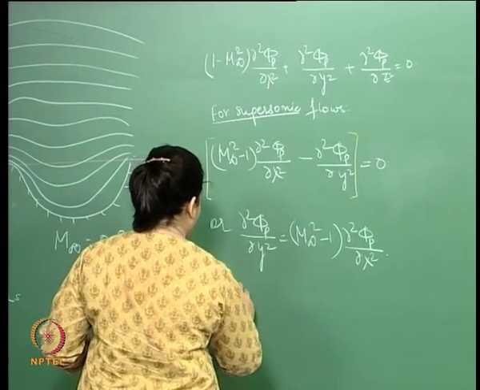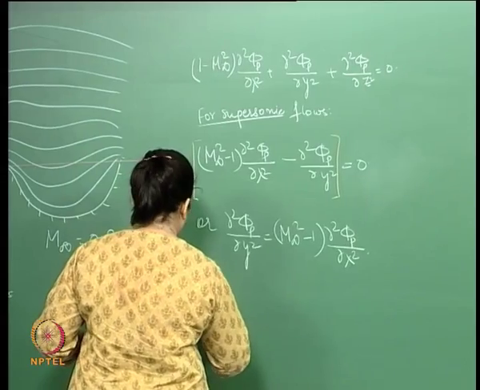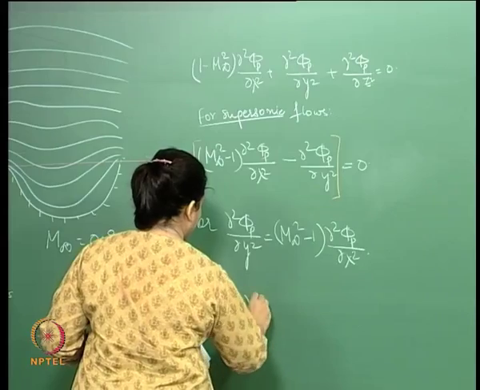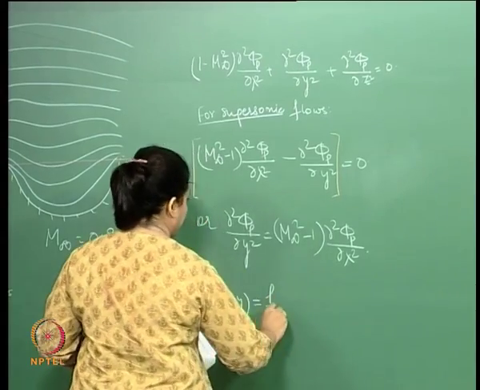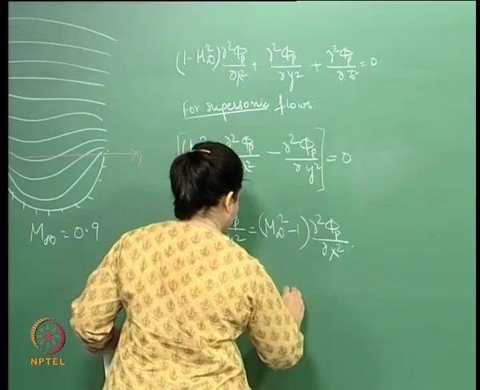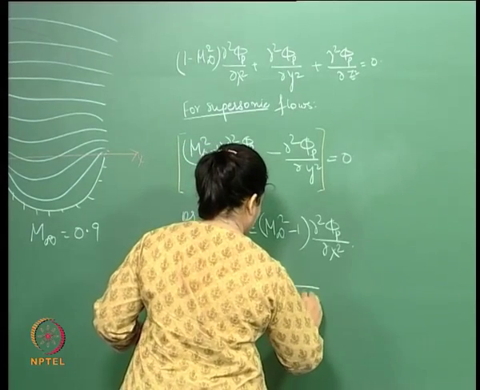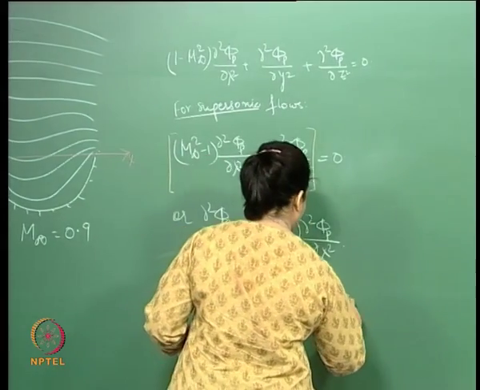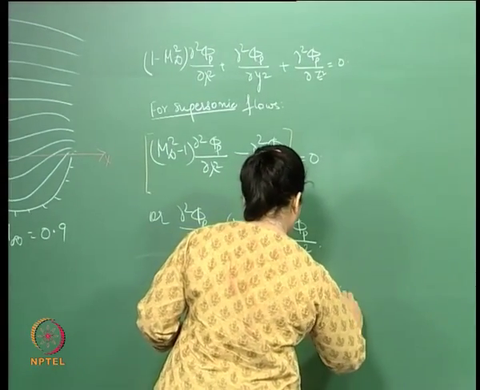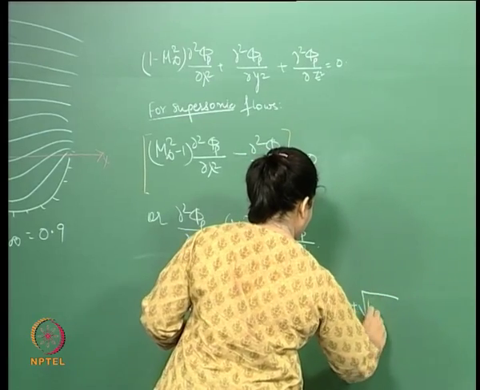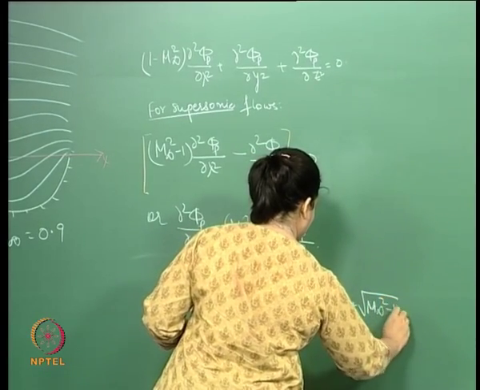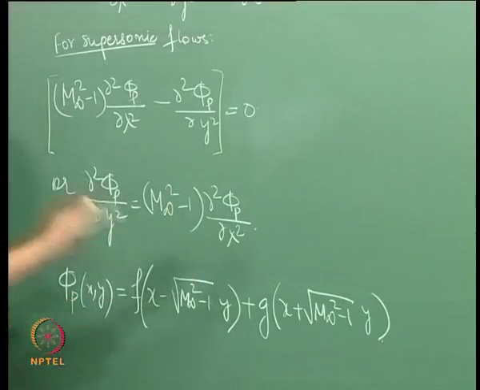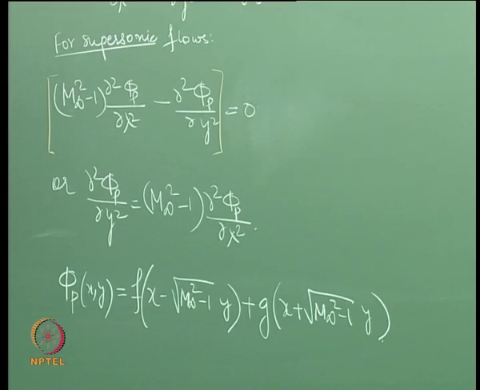We will take two arbitrary functions, and say phi p, which is a function of x and y, is therefore equal to this. So this is our typical solution for an equation like this.